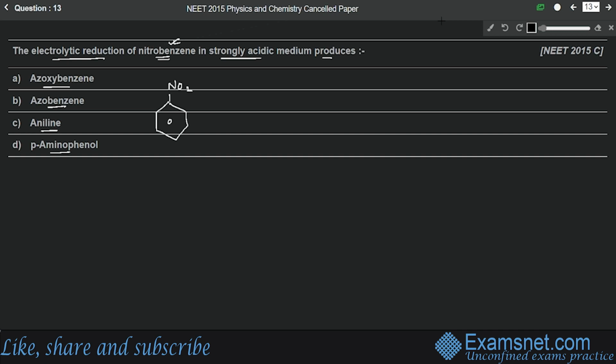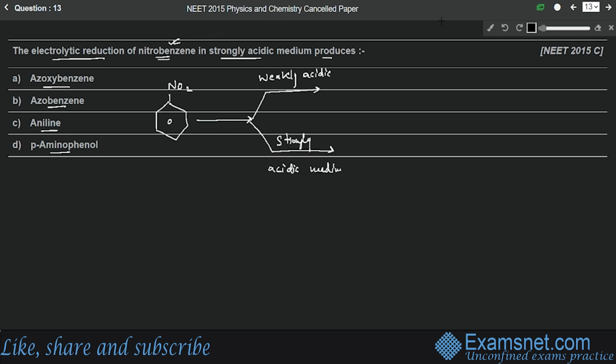Okay. So this is nitrobenzene. Now, electrolytic reduction of nitrobenzene can be done in two ways. First, in weakly acidic medium, and then second, in strongly acidic medium.